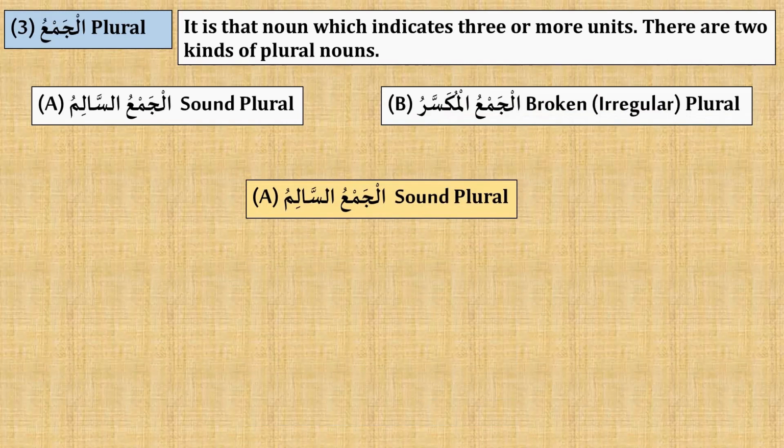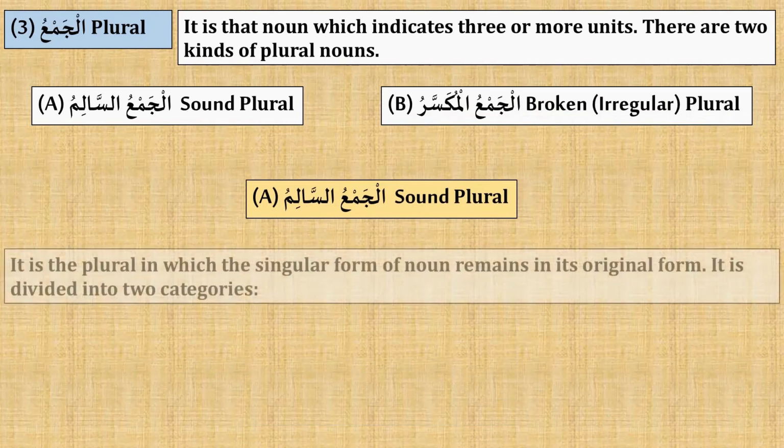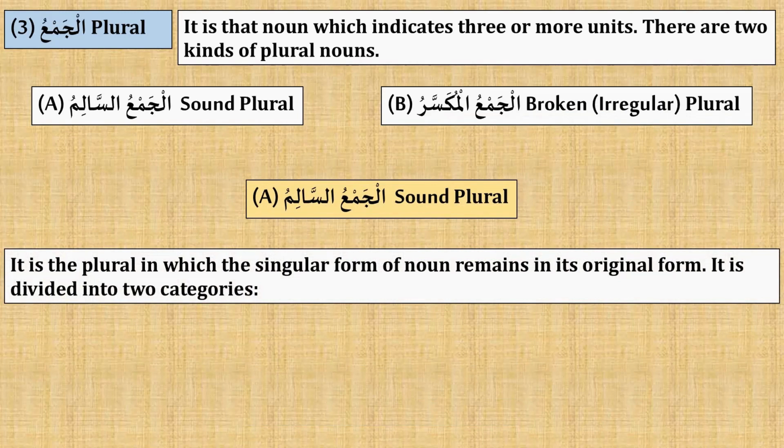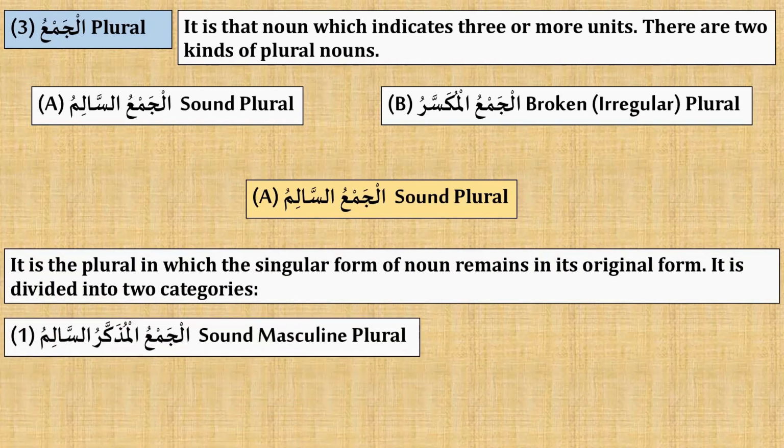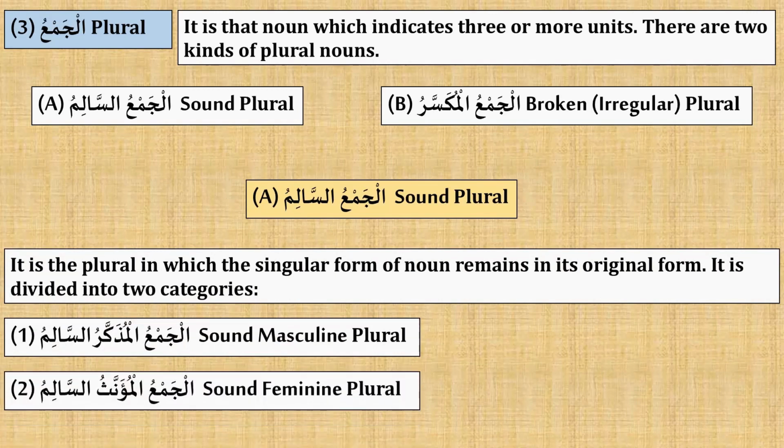The first one, Al-Jam'u Salim, sound plural, is the plural in which the singular form of the noun remains in its original form. It is divided into two categories. First one, Al-Jam'u Al-Mudhakkar Salim, sound masculine plural, and the second one, Al-Jam'u Al-Mu'annath Salim, sound feminine plural.